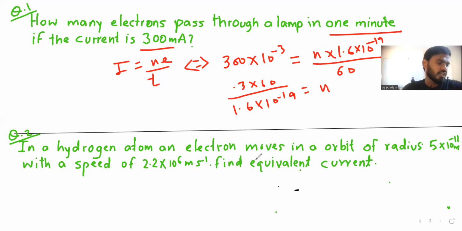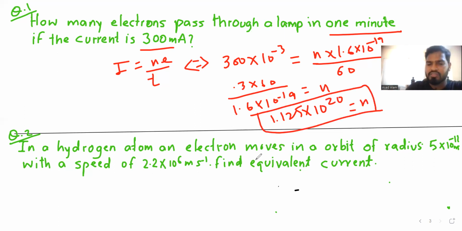The answer comes as 1.125 into 10 to the power of 20 electrons. That will be the number of electrons.